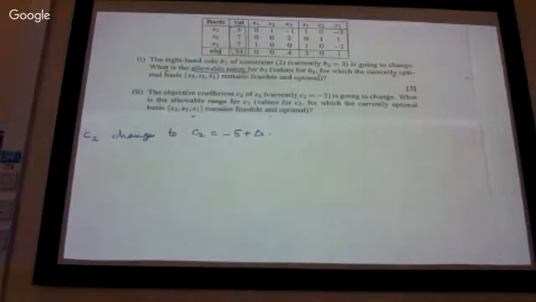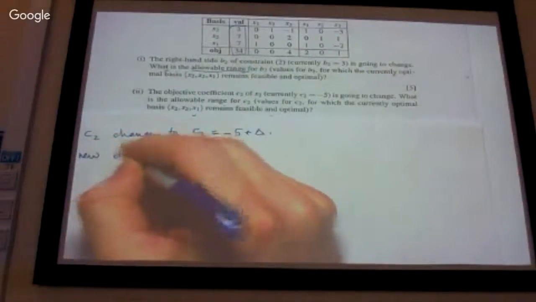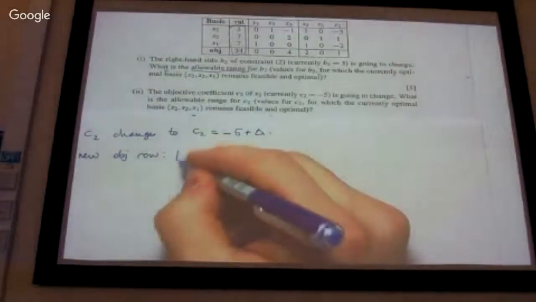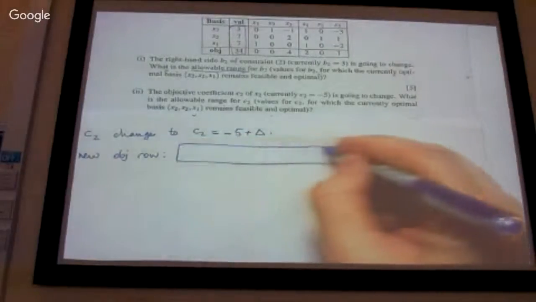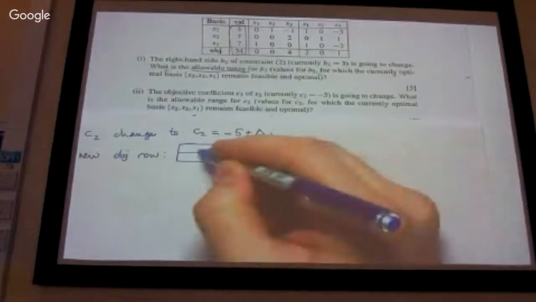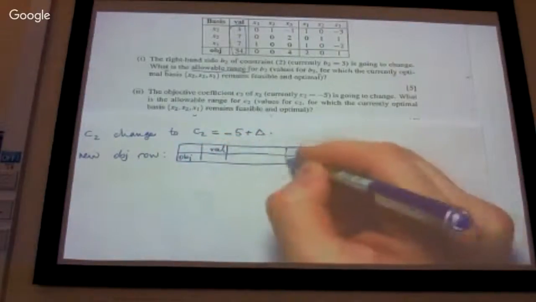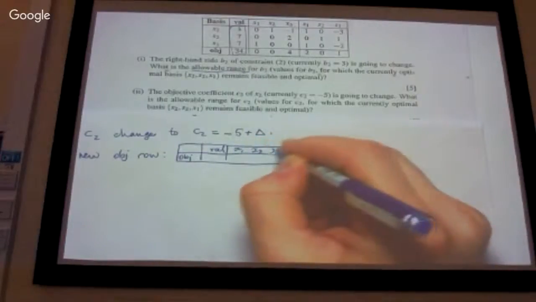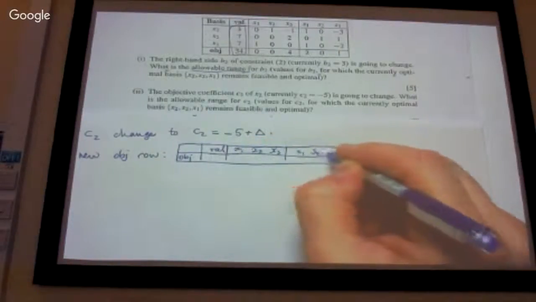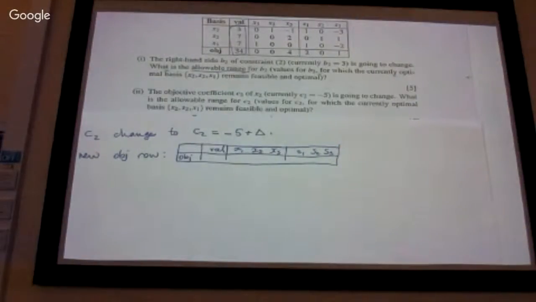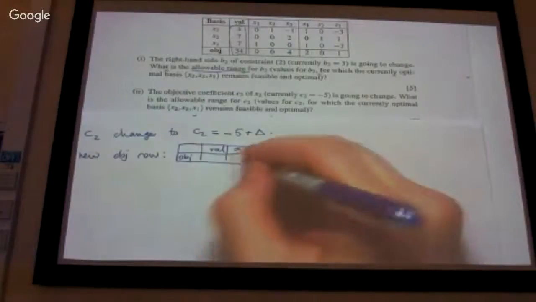Okay, so what's going to be new is the obj row. Okay, well, for the basic variables, it has to be 0.